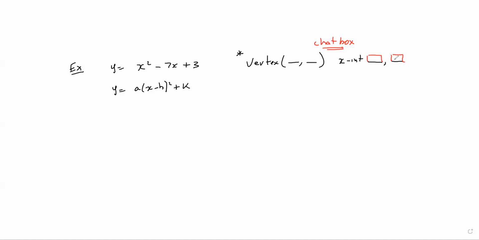So any answers yet for the vertex? I got one. So I'll give you a couple more minutes. So let me see what we got. Pepper pin, minus 37 on 2.